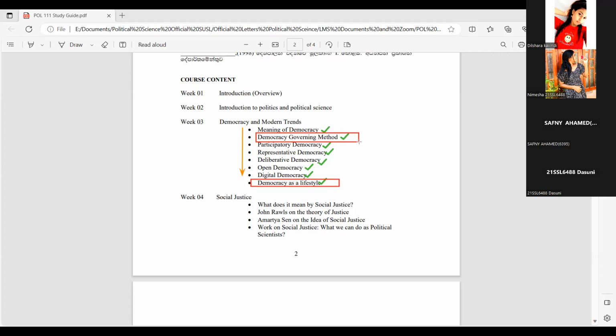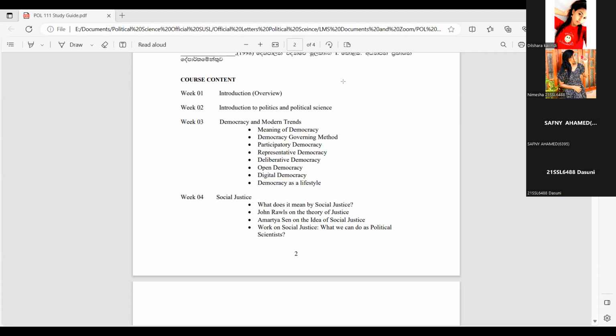By doing all these things, we are practicing representative democracy. So other things are very, very new: deliberative democracy and open democracy, and also digital democracy. Then finally, democracy as a lifestyle. We will learn all these things in our future classes, right?